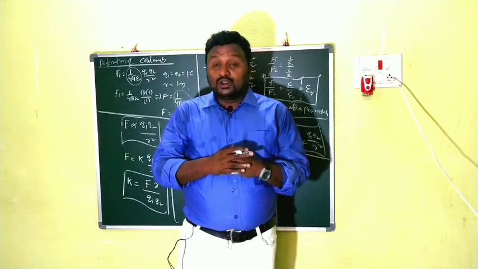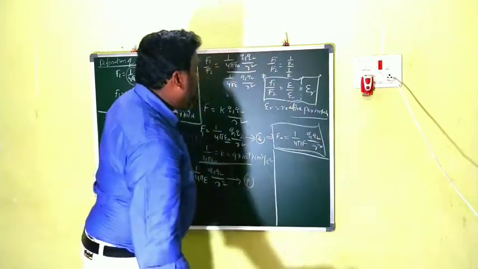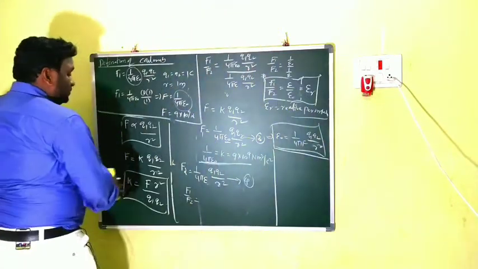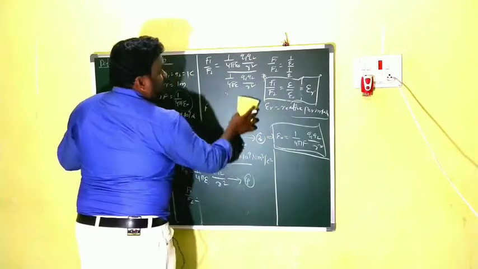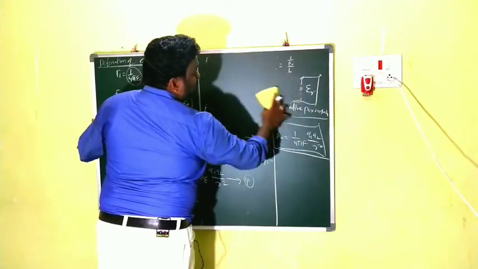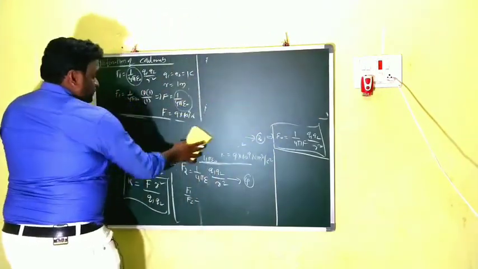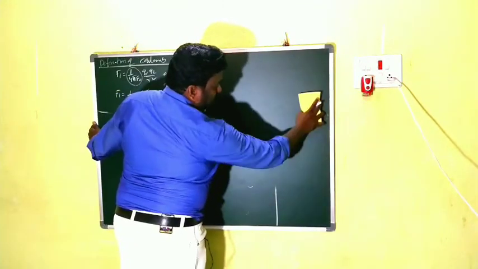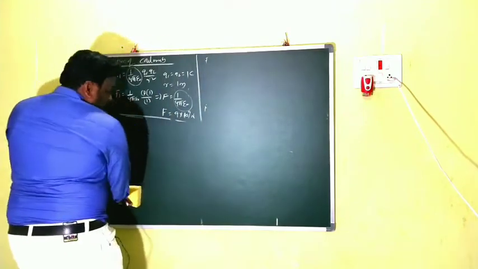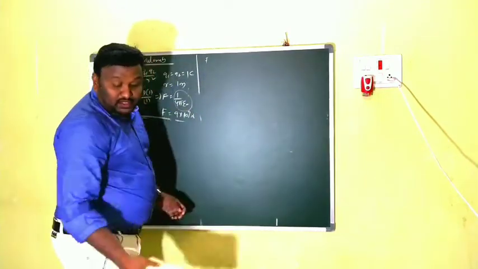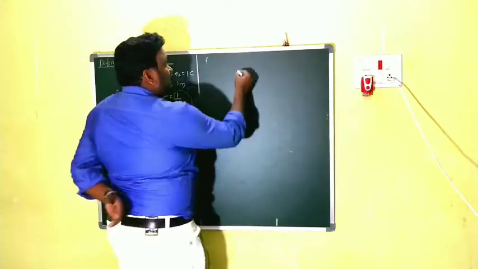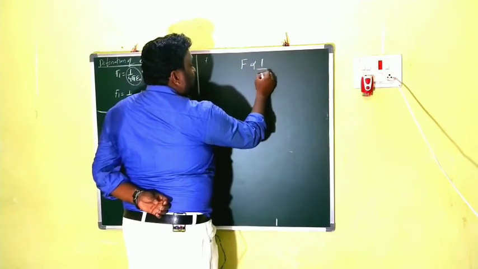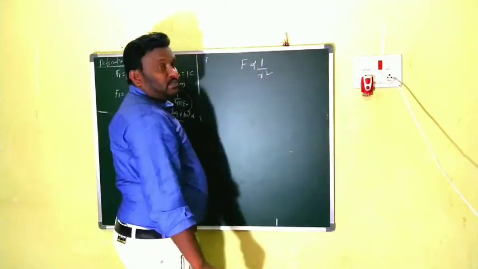Definition of 1 coulomb. And now, from the examination point of view, already we know that F is proportional to 1 by R square.